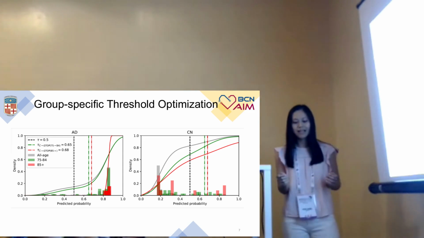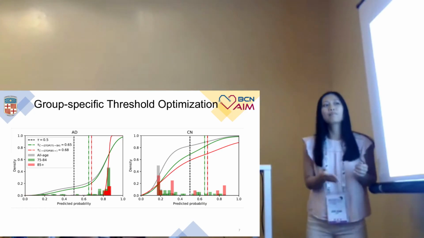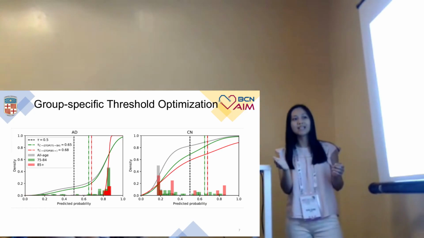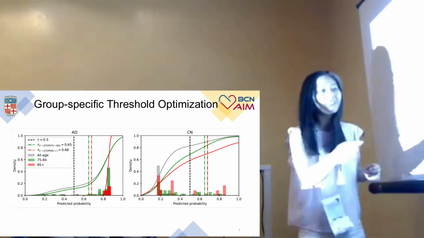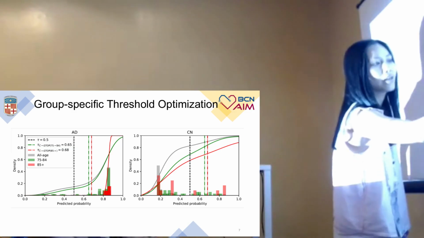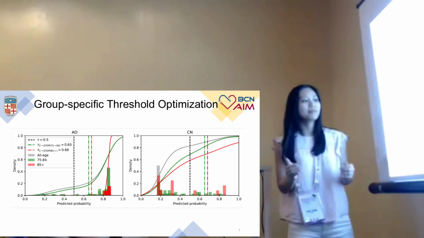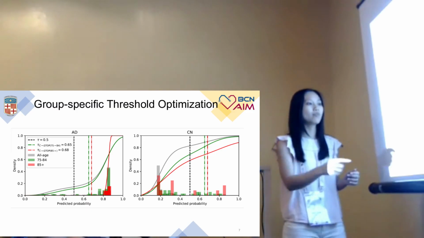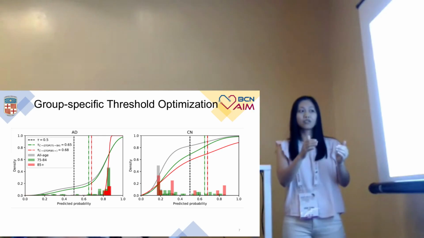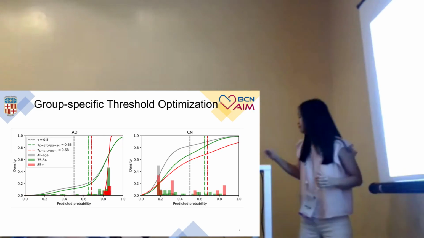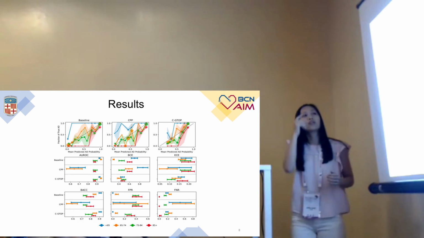As you can see, after we apply the tailored optimal threshold, the false positive rate of the older age group reduces significantly, while their false negative rate does not decrease substantially. So let's move to the results.